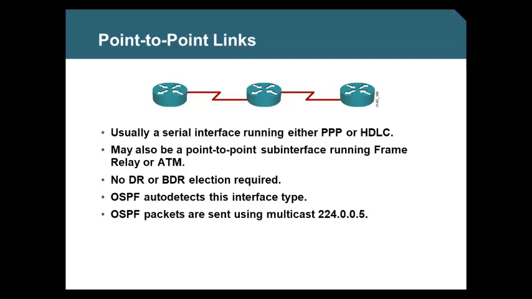Now, you remember yesterday when I was showing you the network type under the serial interface, it was showing network type as point to point. Did I configure it? No. It was auto-detected. OSPF auto-detects its interface type. If the interface type is serial, then the network type is going to be point to point.